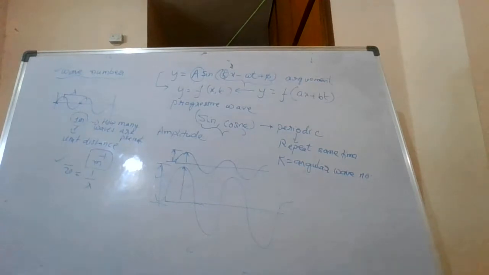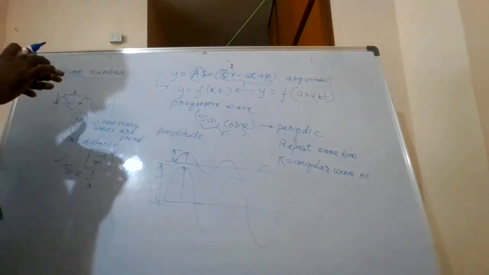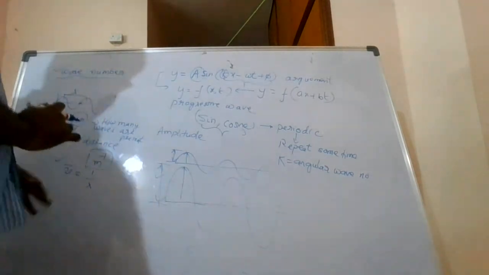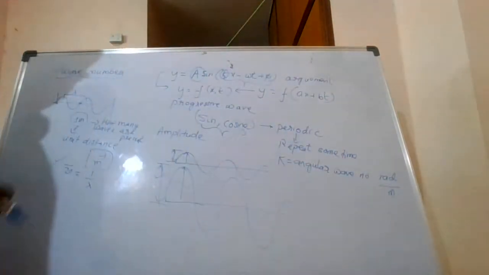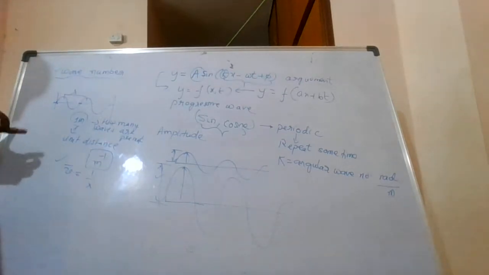Now when we talk about angular wave number, the angular wave number is given in radians per meter. It is measured in radians per meter. The wave number is how many waves are there in 1 meter distance.